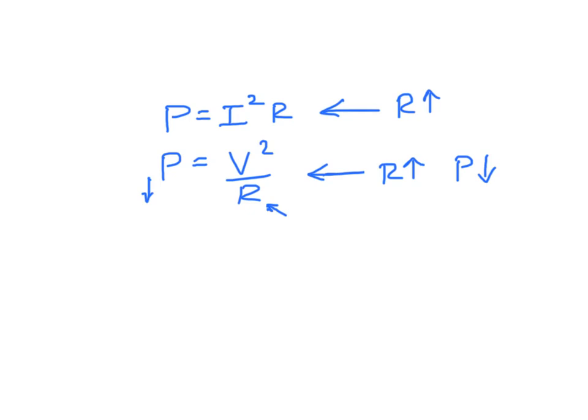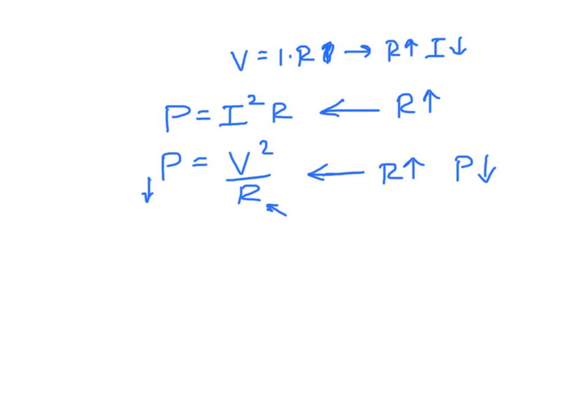But remember Ohm's law. Ohm's law says V equals I times R. So for every factor by which R increases, I goes down by the same factor. If I double R, I is going to go down by a factor of 2.